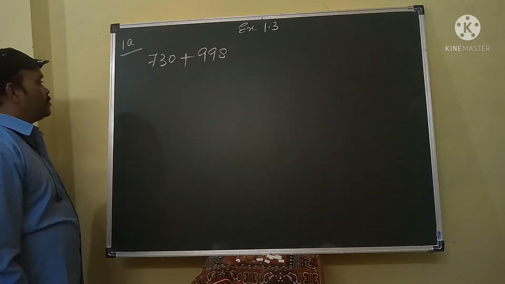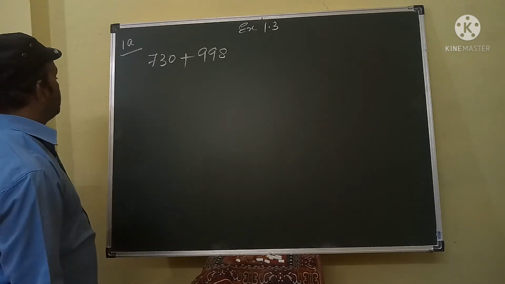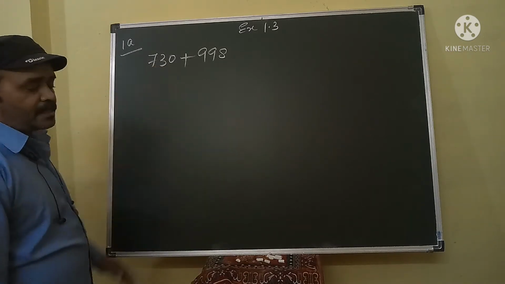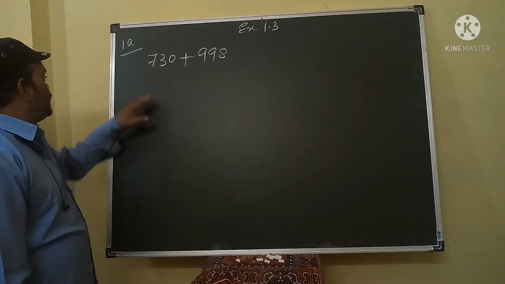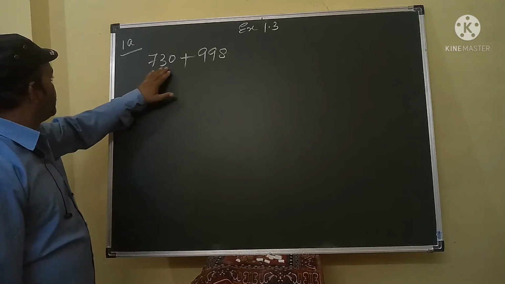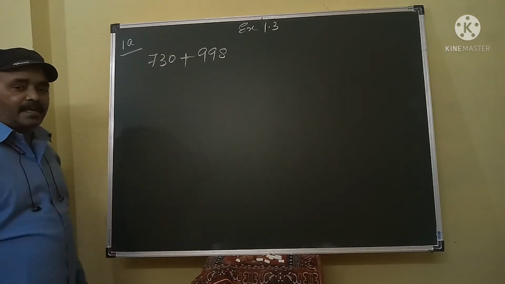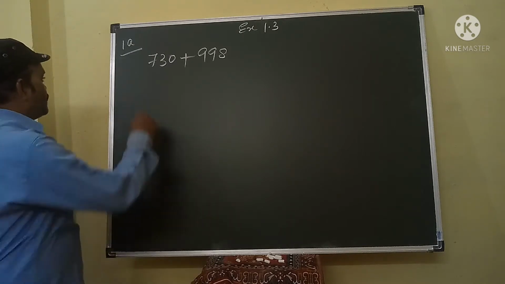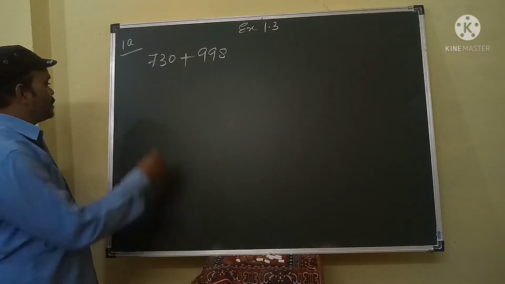My dear student, as you know very well, suppose this is 730. And 730 lies between 700 and 800.